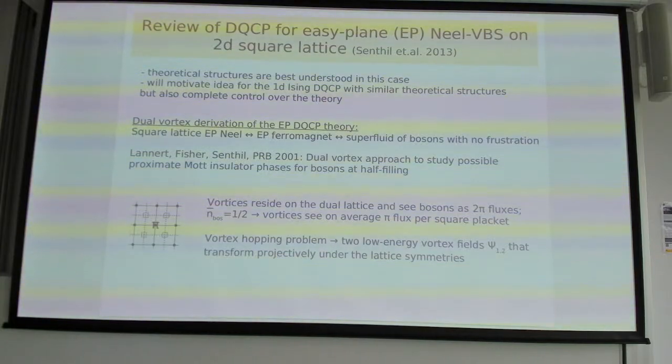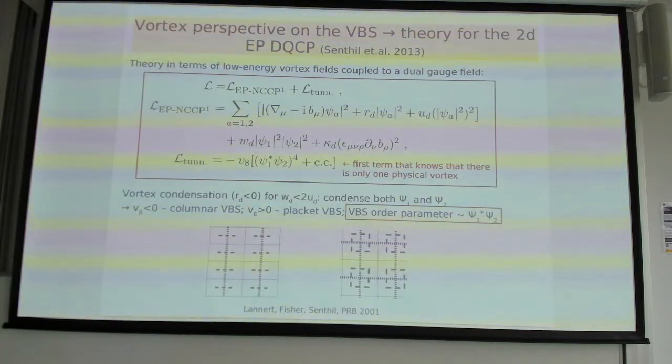So now the theory of vortices is that it's a gauge theory. These vortices are quantum particles, and they see the fluctuation of the original boson density as basically a gauge field.